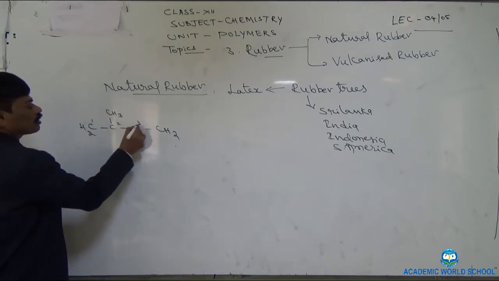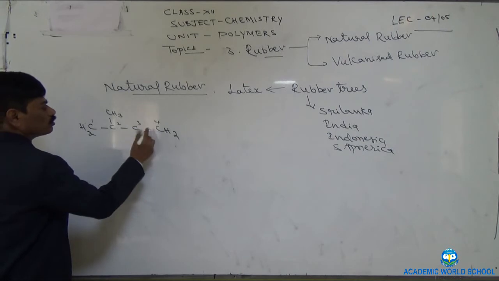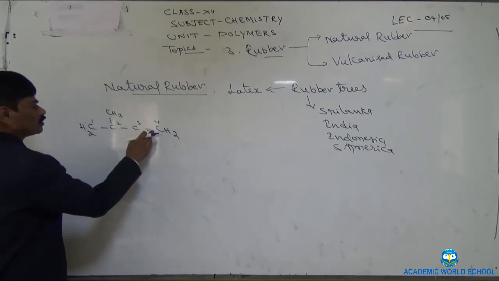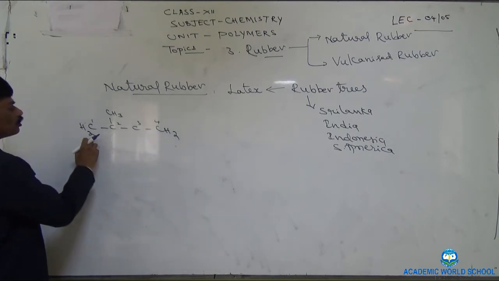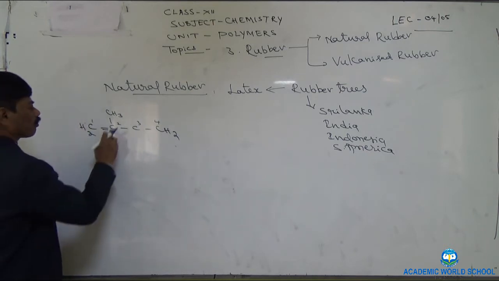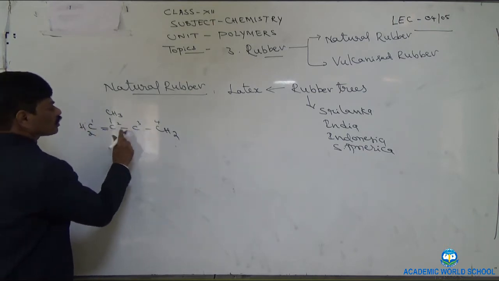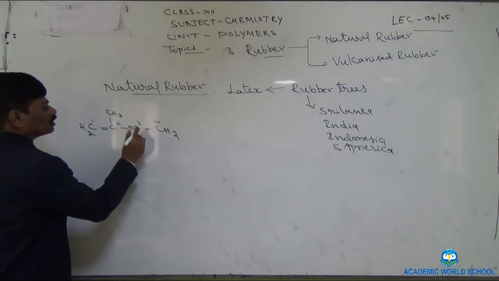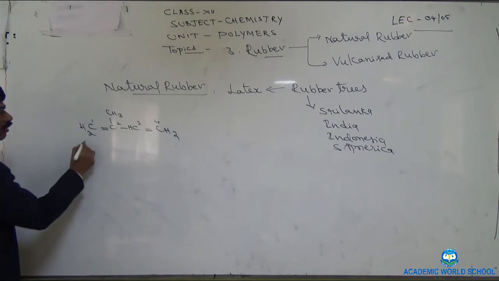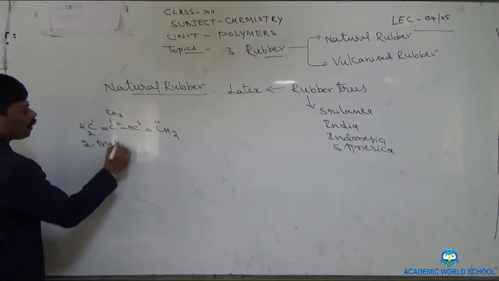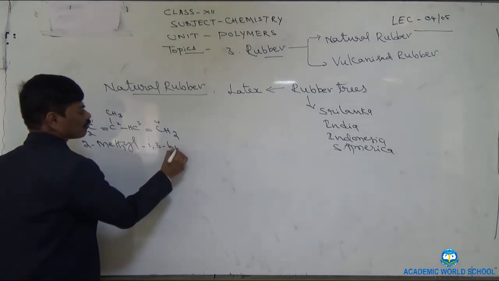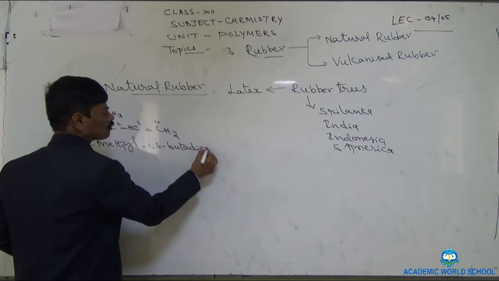Numbering carbons 1, 2, 3, 4, its name is 2-methyl-1,3-butadiene.